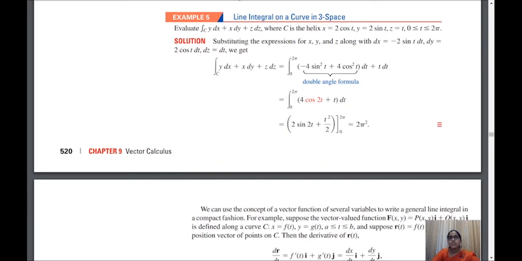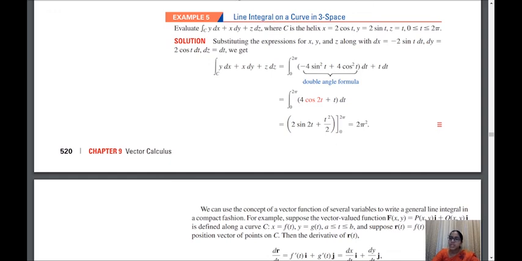And we use the formula that the integral over C of P dx plus Q dy will be the integral of P plus Q. Now here you can take 4 common: cos squared t minus sin squared t. That is the trigonometric identity for cos 2t. So it will be the integral from 0 to 2 pi of 4 cos 2t plus t dt.